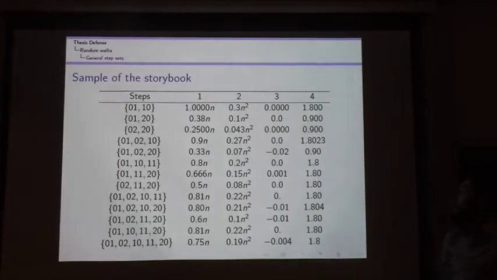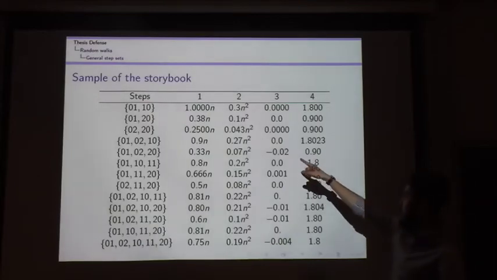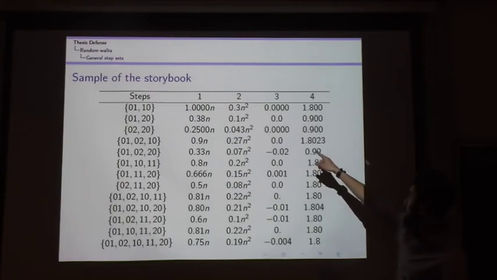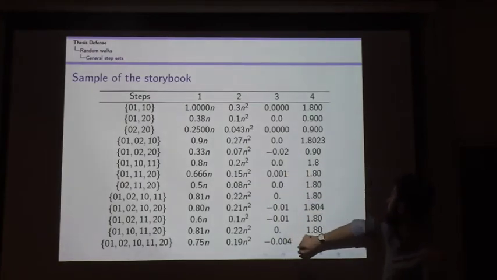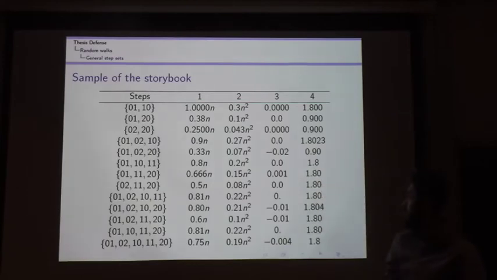The variance is 0.3 n squared, so actually it's 1/3 n squared, but this is obviously not exact. Then this is the limit of the third standardized moment, I think, and this is the limit of the fourth. So yeah, our program, you can feed it any kind of steps that you want, and then it just makes a big table like this.